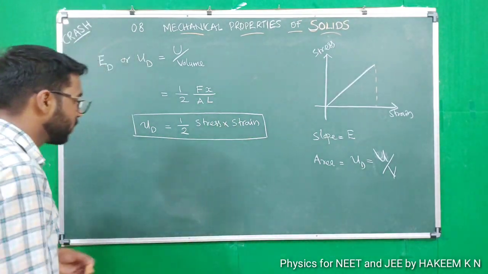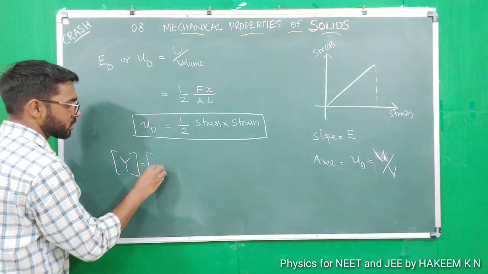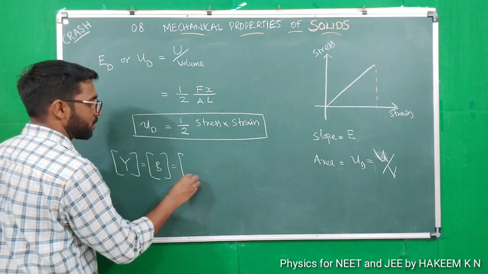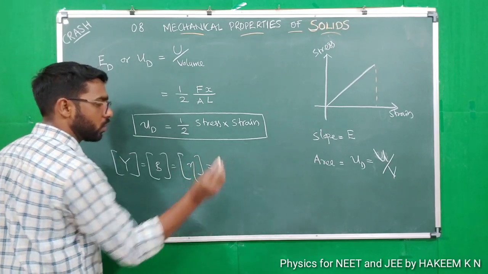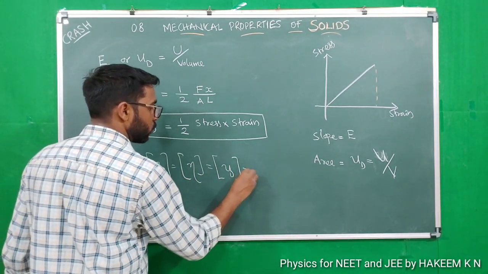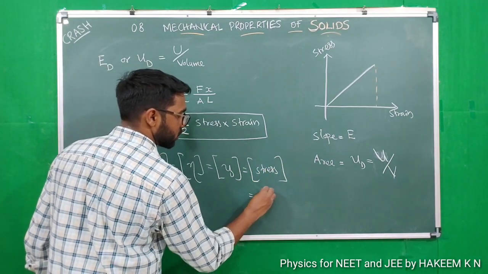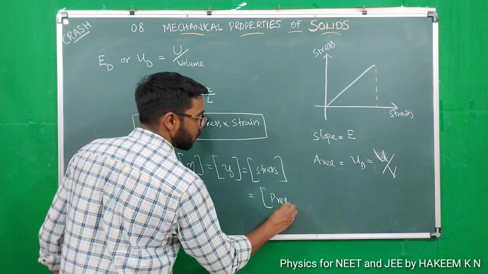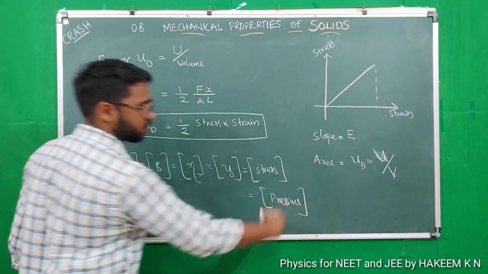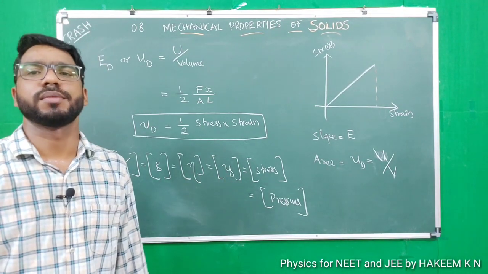So the dimensional formula of Young's modulus equals that of bulk modulus, rigidity modulus, energy density, stress, and pressure. These all quantities have the same unit, same dimensions.